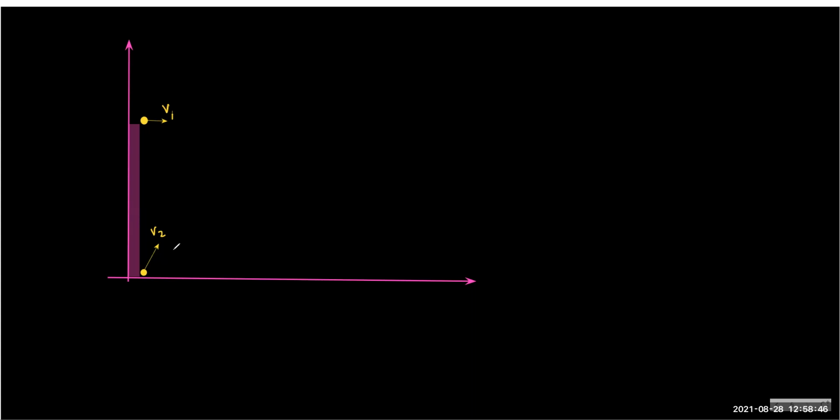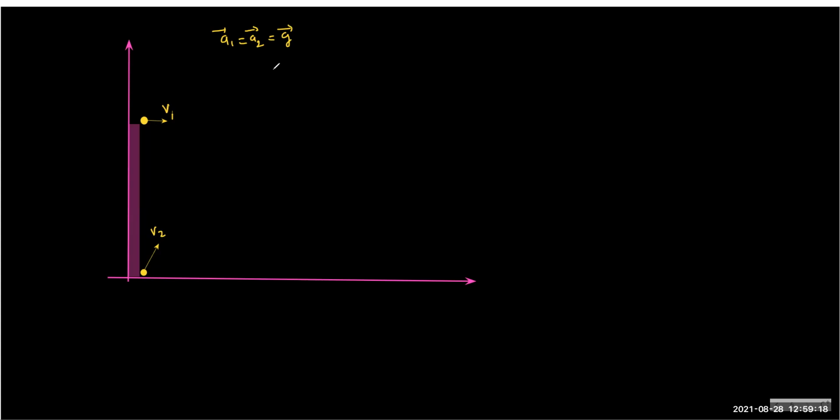So what can we do? The two particles will have the same acceleration. A1 and A2 both will be the acceleration due to gravity. So the relative acceleration is zero. Now that is something interesting. If the relative acceleration is zero, what does it mean?